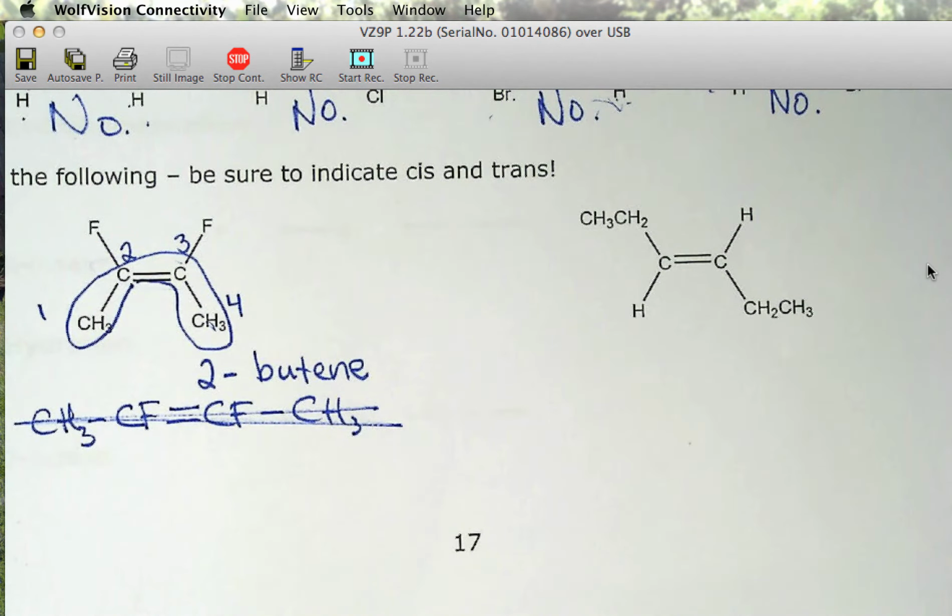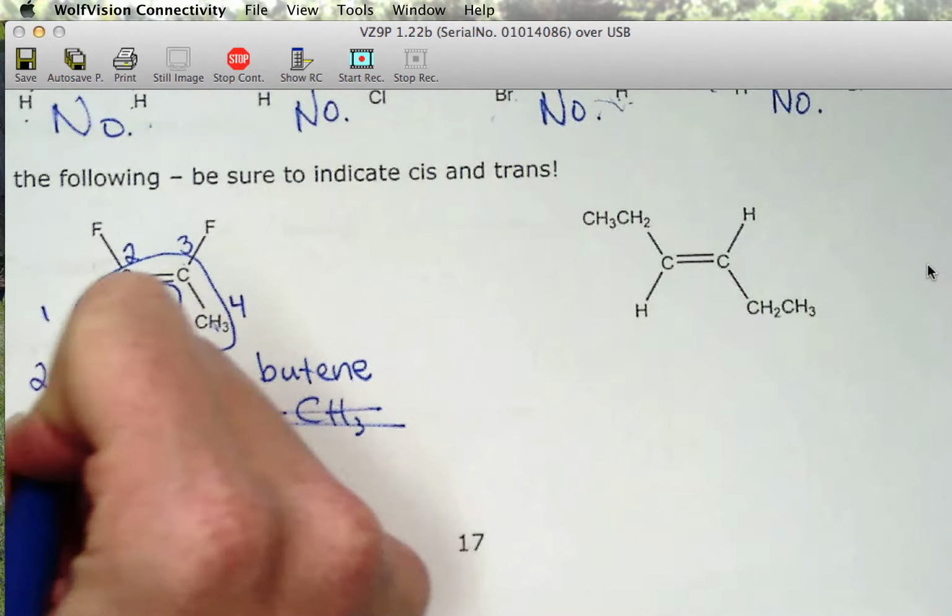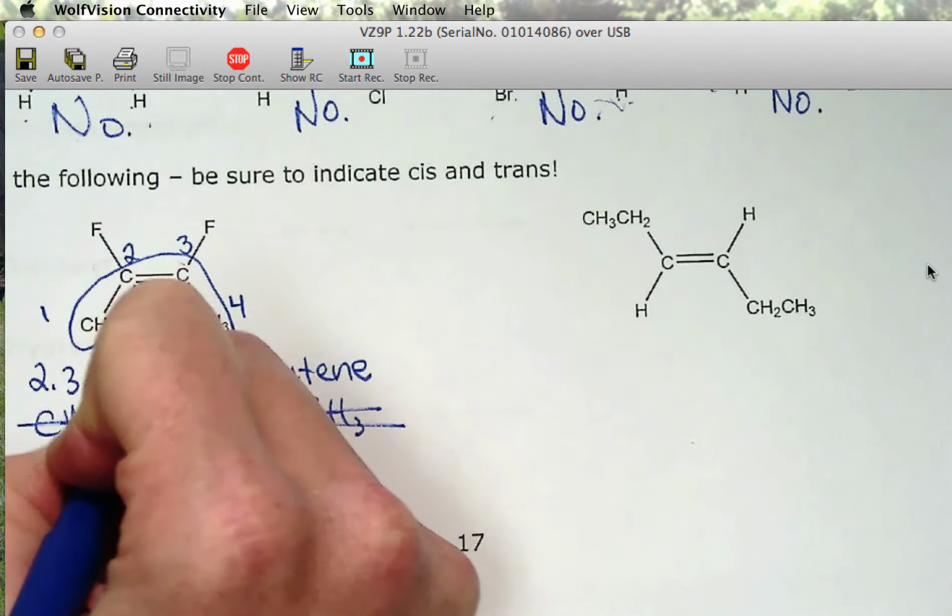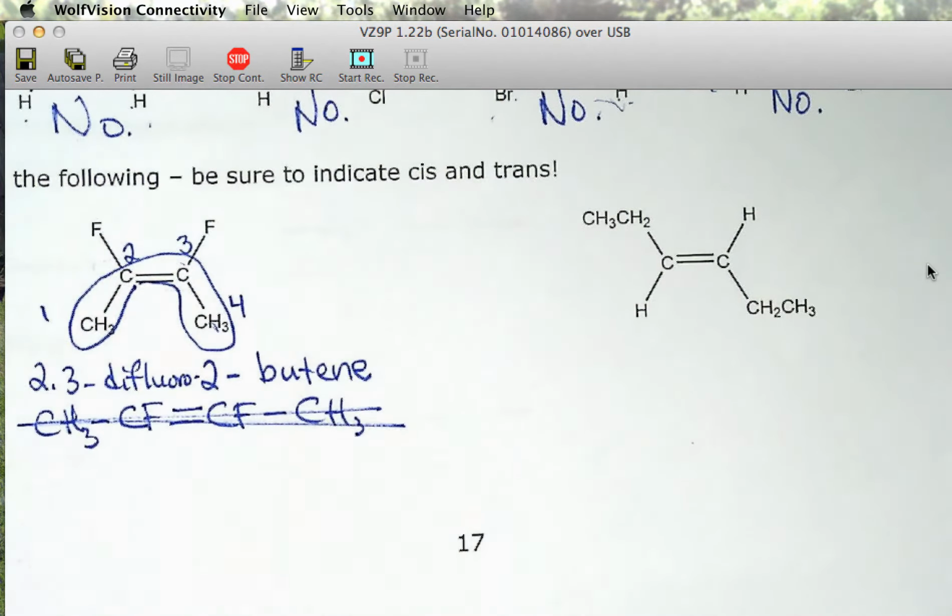And what's coming off the second and third carbon? Right, 2 fluoros. So it's 2,3-difluoro. You think, whew, I'm done. I've named it. I've taken care of everything. But you've forgotten to specify cis or trans.